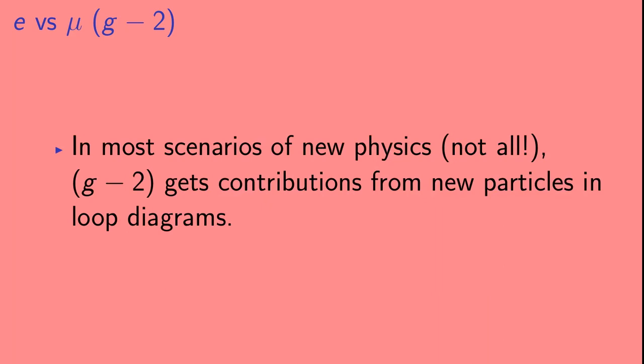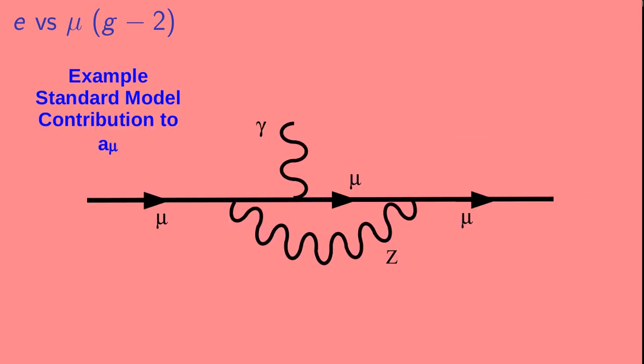Now, in most scenarios of new physics, not all, but most, g-2 gets contributions from new particles in loop diagrams. So here's an example one-loop Feynman diagram that comes into the calculation of A mu in the standard model.